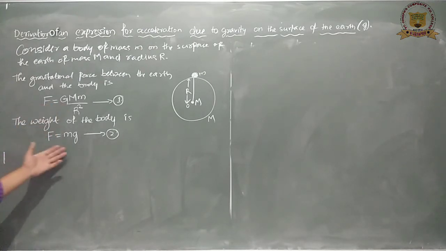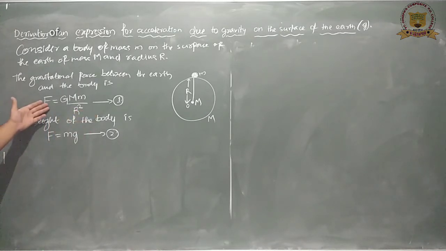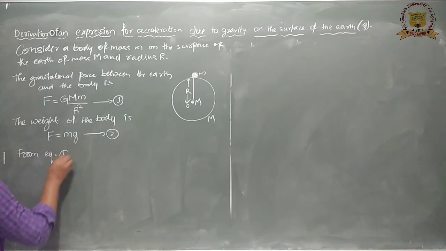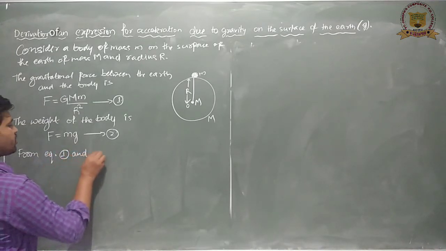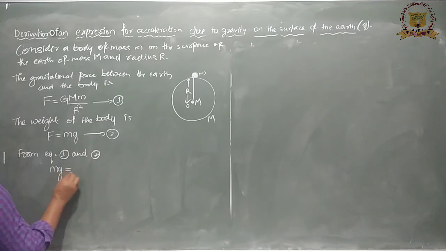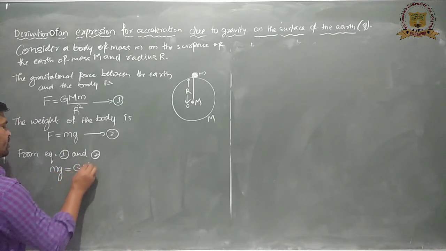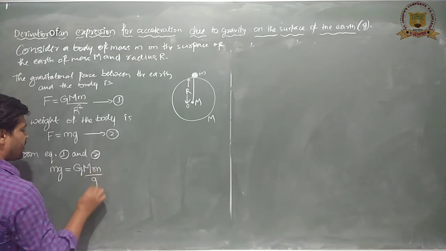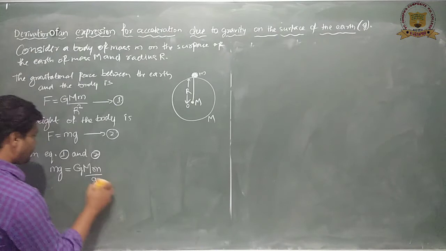The weight is nothing but the gravitational force on the object, and therefore from equations 1 and 2, mg is equal to capital G capital M small m divided by R square.